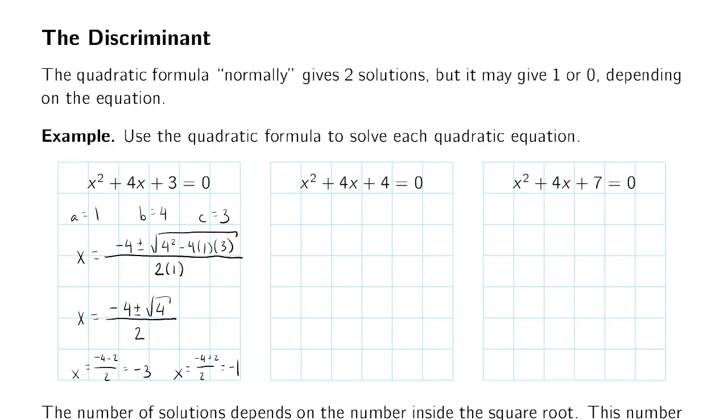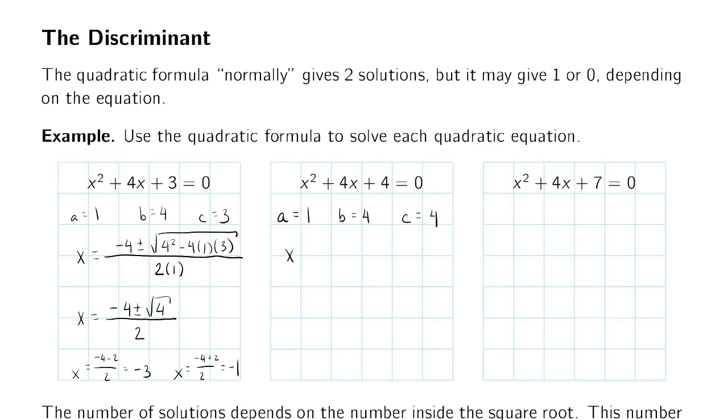Here's our next quadratic equation, and this is going to have different behavior. This one's going to give us only one solution. So we're going to plug into the quadratic formula. We have a equals 1, b equals 4, c equals 4.